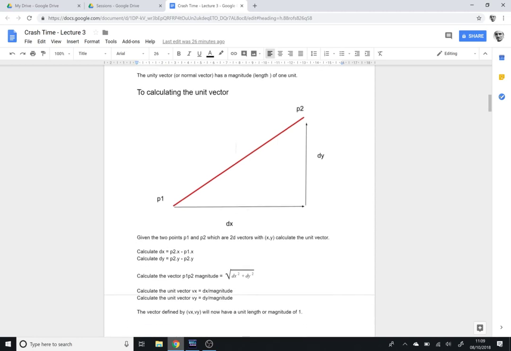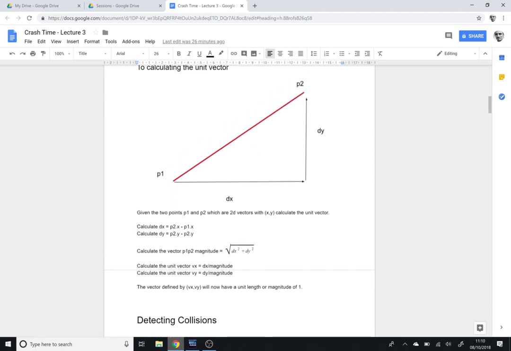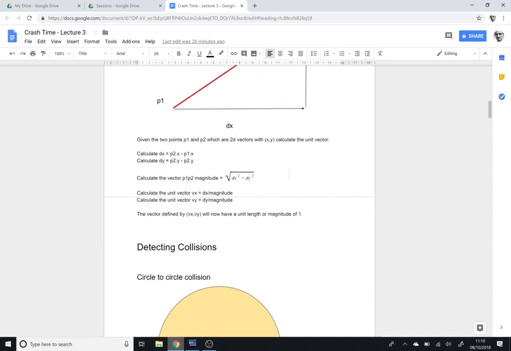So basically what we did was we had 2 points. We looked at how you work out the differential between those 2 points. So calculating dx and dy, which I'm sure most of you have heard me say about 1,000 times now. Calculate your dx, calculate your dy. Okay, so we have 2 points, we have 2 vectors. We need to calculate the unit vector.